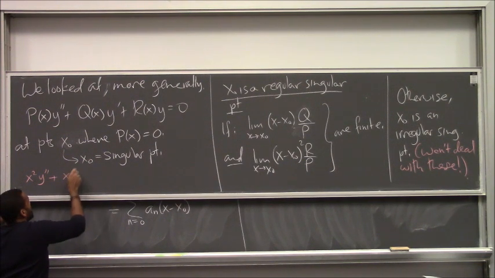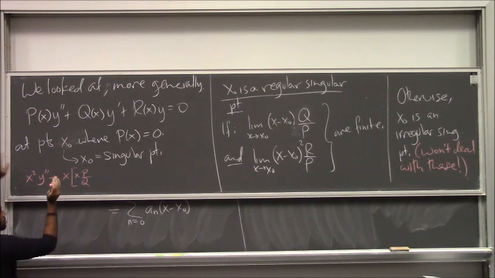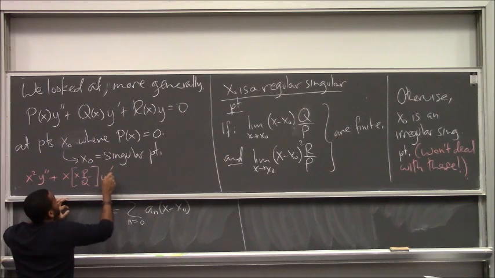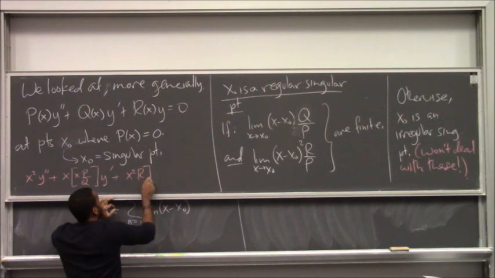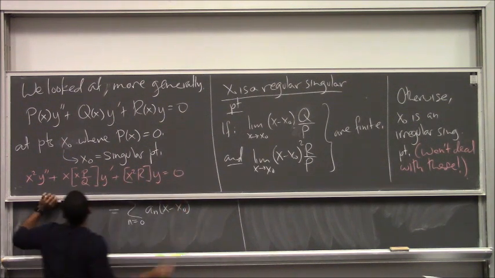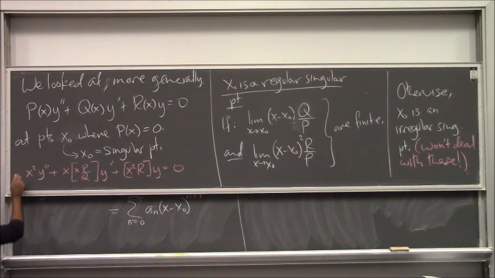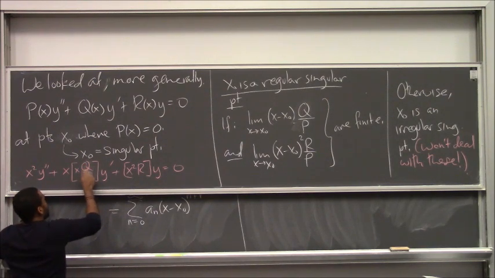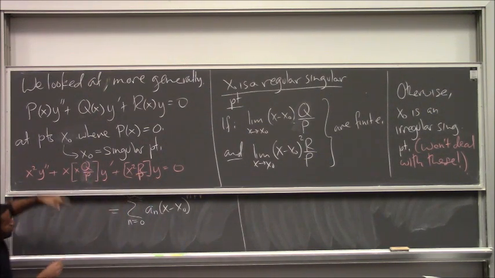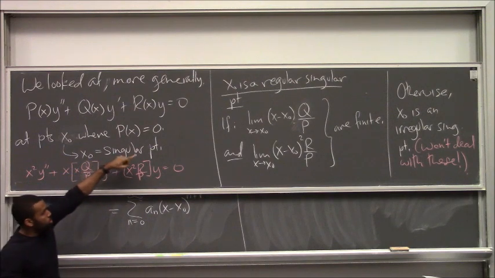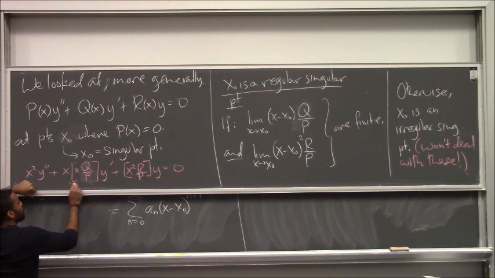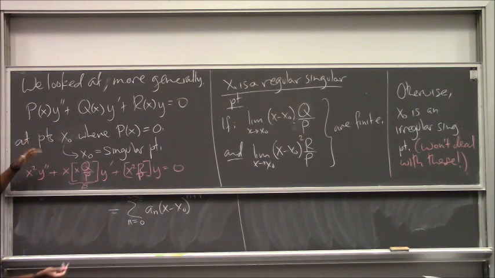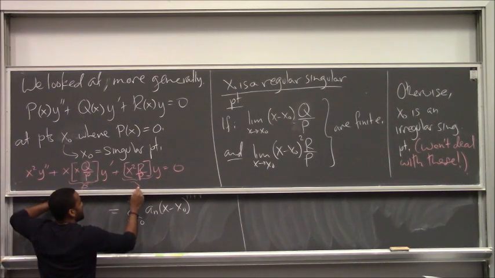So here I can take an (x minus x naught) times Q over P, plus (x minus x naught) squared times R over P. I divide through by P, and then multiply across by (x minus x naught), pushing in the factors, and my idea is I'm hoping that this guy behaves as if he's a beta, and this guy behaves as if he's a gamma.